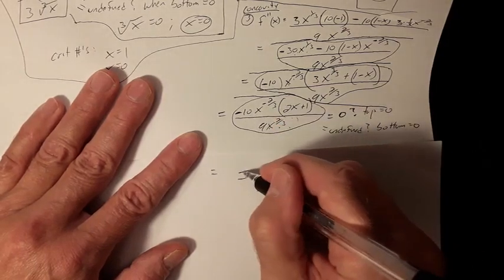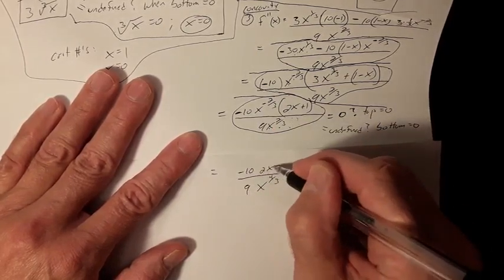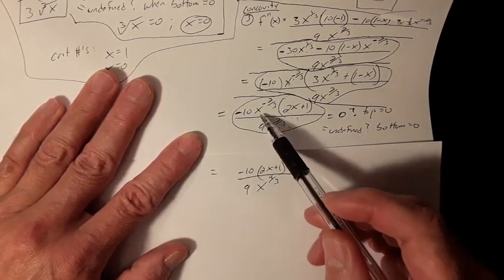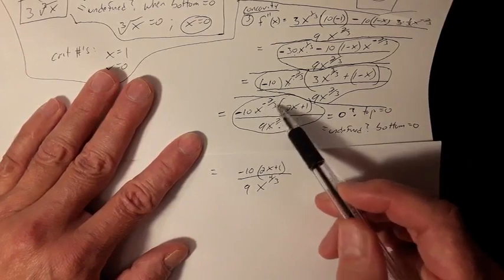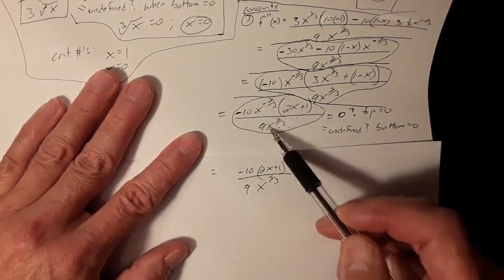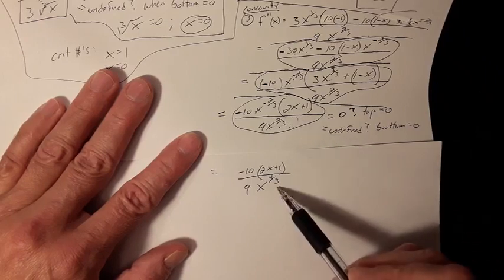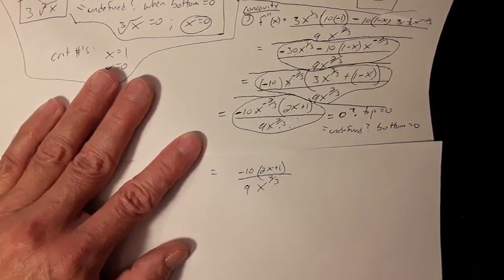This negative 10 is still up there. This 9 is still down there. And we got a 2x plus 1. All I did is I said this x to the negative 2/3 upstairs is really x to the 2/3 downstairs. And x to the 2/3 times x to the 2/3, add the exponents, get x to the 4/3 downstairs. So negative 10 is upstairs, 9 is downstairs, 2x plus 1.